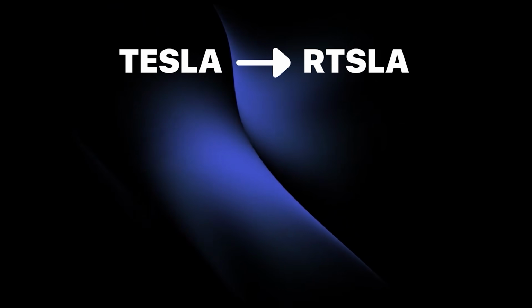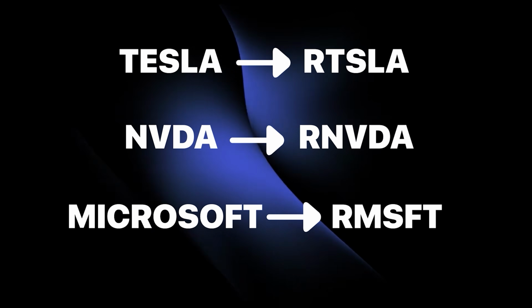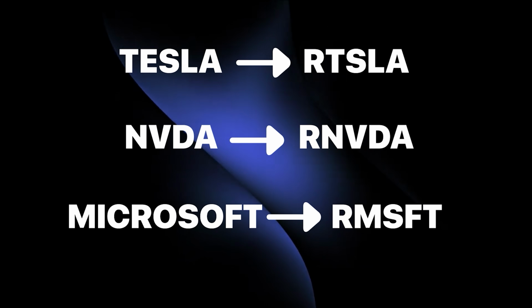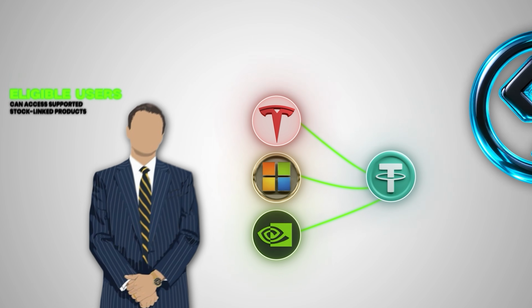For example, take any traditional stock or ETF and add just one letter in front, like R. For example, Tesla becomes R Tesla, and Nvidia becomes R Nvidia, and Microsoft becomes R Microsoft. So instead of converting your crypto into fiat and then moving into the traditional brokerage environment, eligible users can access supported stock using USDT in the Bitget application.